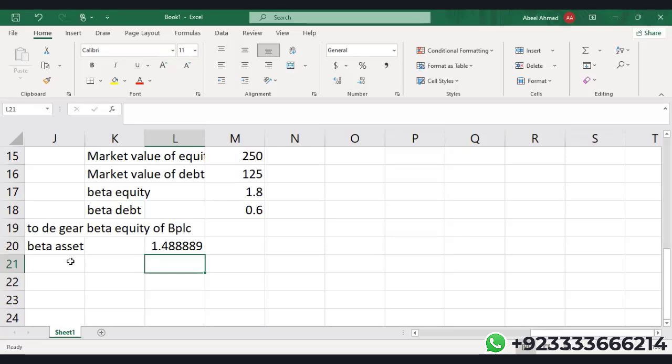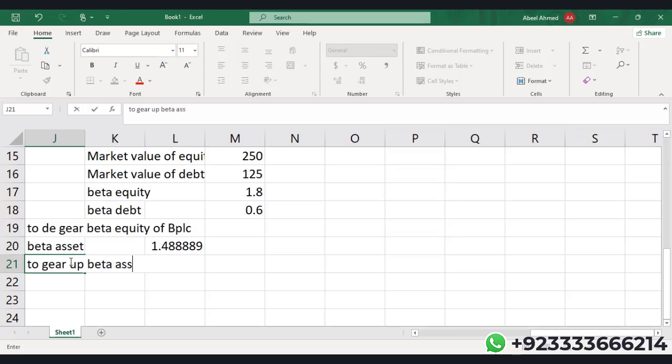Now we have to gear up this beta asset with the gearing of APLC. To gear up beta asset 1.489 with gearing of APLC.